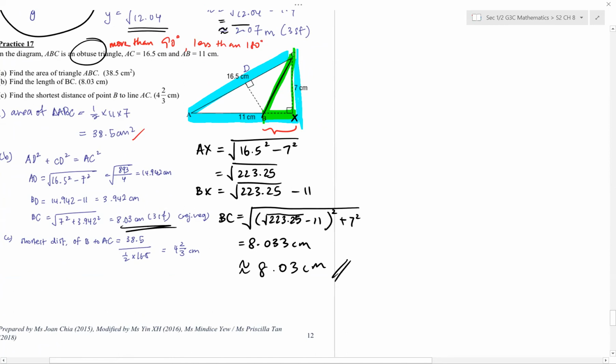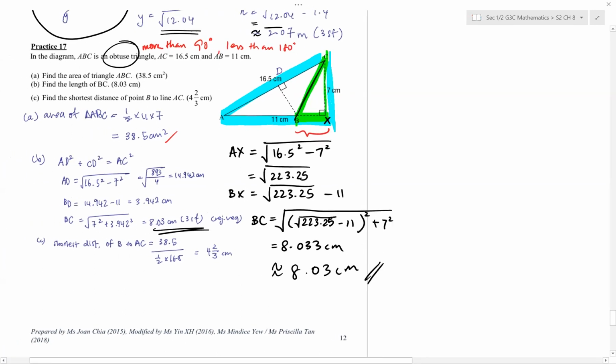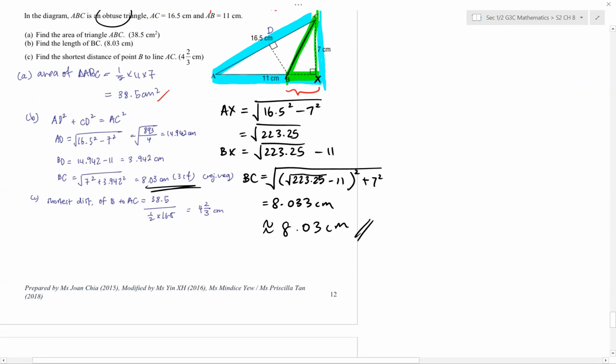I'm not sure if this teacher did the same thing. Oh, this teacher did something else. They used the area of the triangle from part A to find that perpendicular distance B to D. Then what did they do?